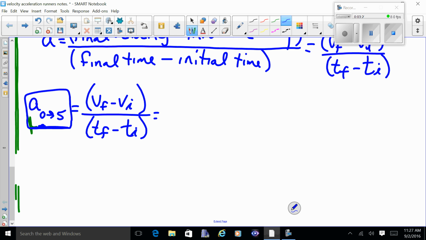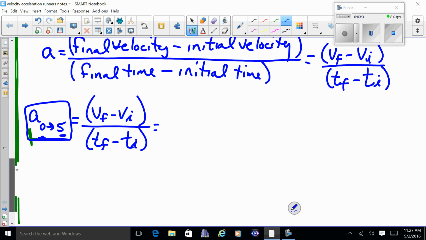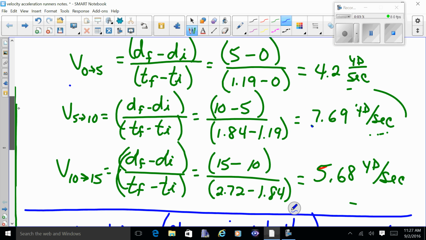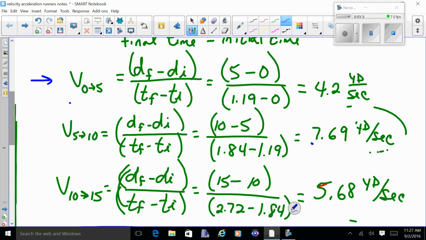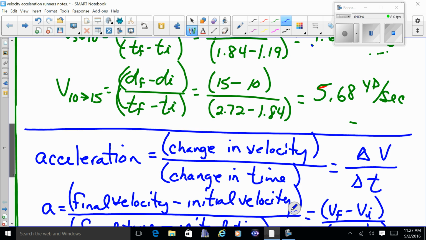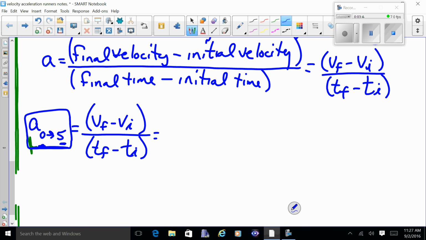So I have to come back up here to the 5-yard line. The velocity at the 5-yard line was 4.2 yards per second. So I'm going to take that 4.2 and put it in that formula where it said V sub F, 4.2 yards per second. My initial velocity at the 0-yard line was 0. I wasn't going anywhere. So I'm just going to put a 0 right there. And now I have to do final time minus initial time.